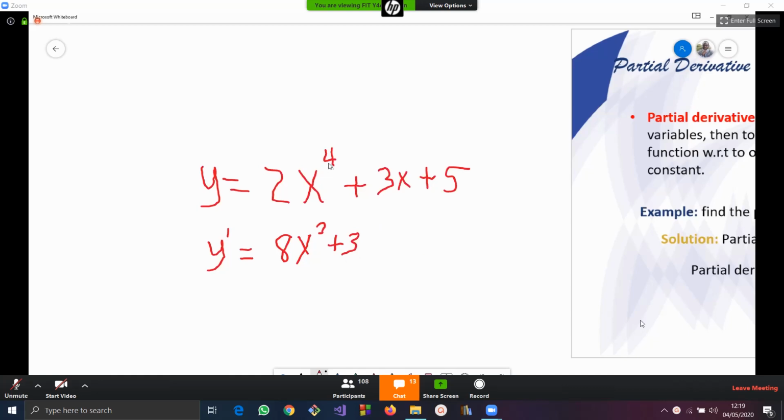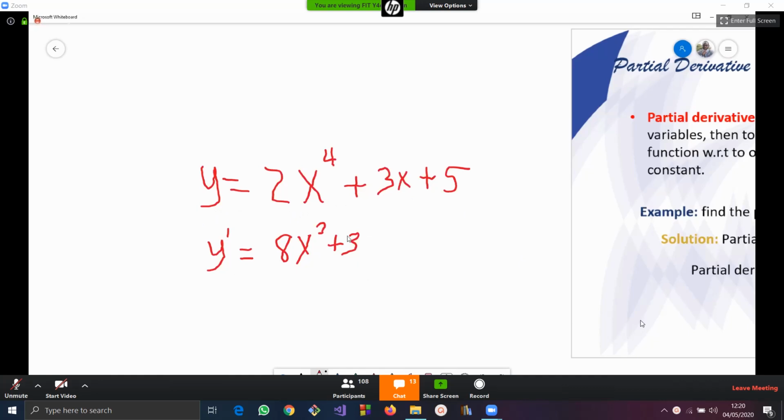Remember the power rule. So 4 times 2 gives you 8. You subtract 1 here, so power 3. For 3x, this is power 1, so 1 times 3 is 3, and x raised to power 1 minus 1 is 0. And then the derivative of constants is always 0. This is the derivative of this function.